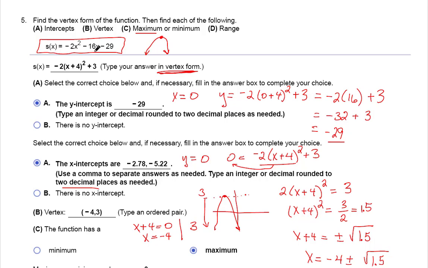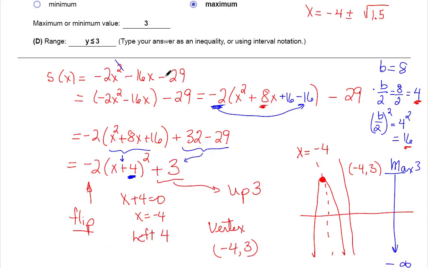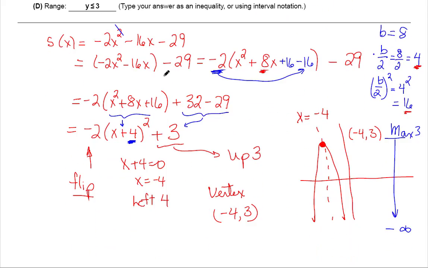But let's see, first off, they wanted it in the vertex form. Let's scroll down here. All right, so in the vertex form, let's see, what do we do again? Ah, yes, we grouped together the first two items, just like it is. Okay, got that there.